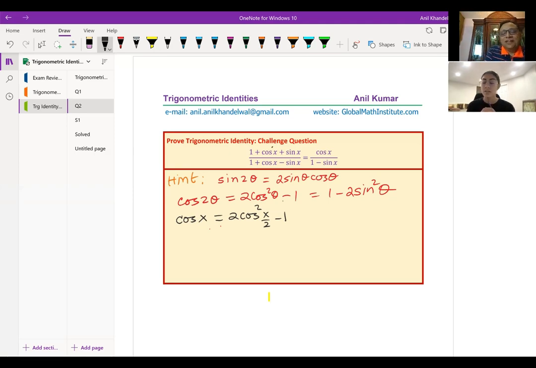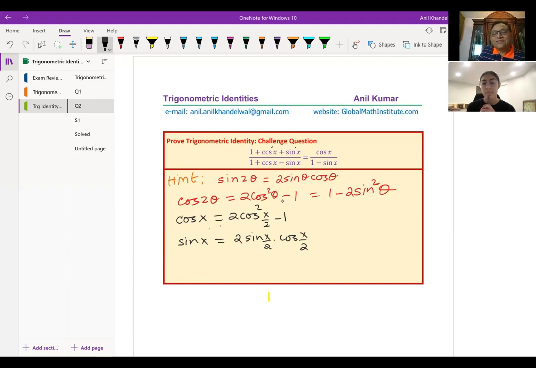And the sine x you could replace with 2 sine x by 2 cos x by 2. Then once you cancel out 1 from both numerator and denominator, the ones are gone. You see that?